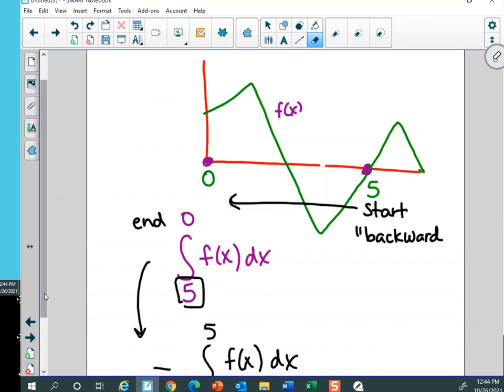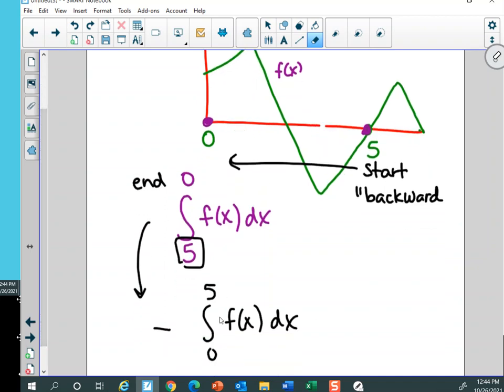We will have techniques later where we can deal with it either way, and we'll be able to get our answer either way. But for now, when we're using a graph, it's very important to start at A and end at B, and think about how those areas are going to represent signed values.